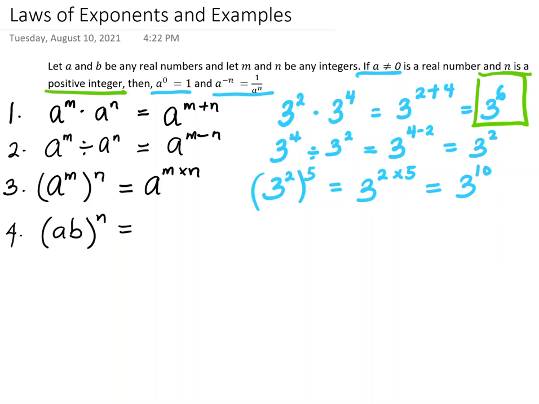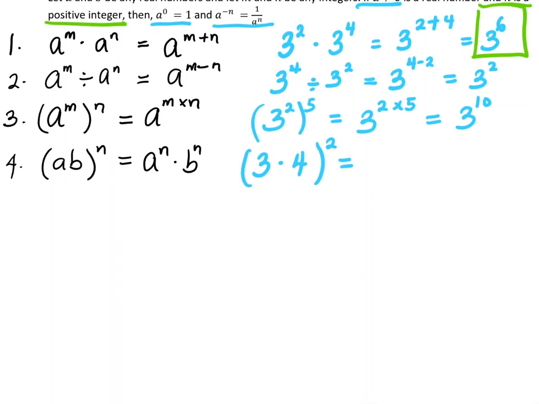So this law says that we are going to have A raised to the power of N times B raised to the power of N. For example, if we have 3 times 4, everything raised to the power of 2, the law says we can raise this 3 to the power of 2 times 4 raised to the power of 2. So let us leave it there for now.